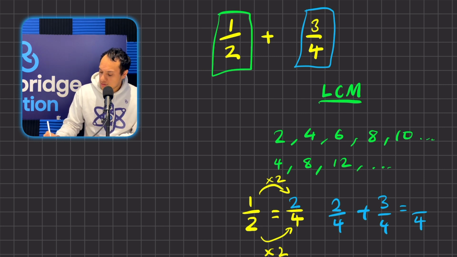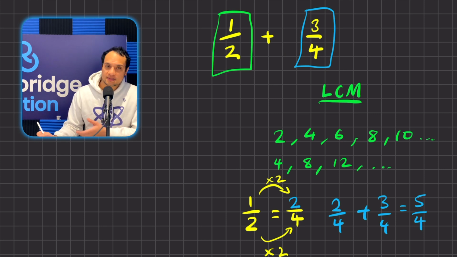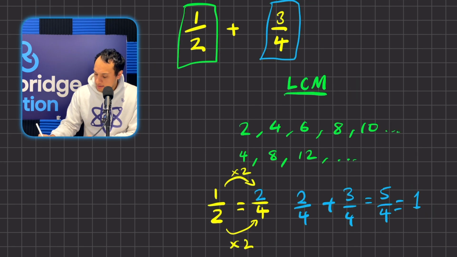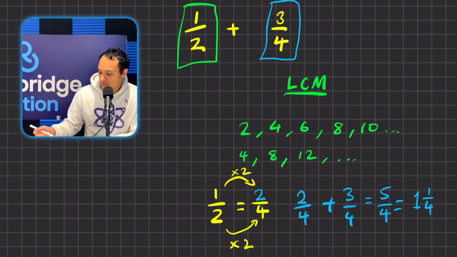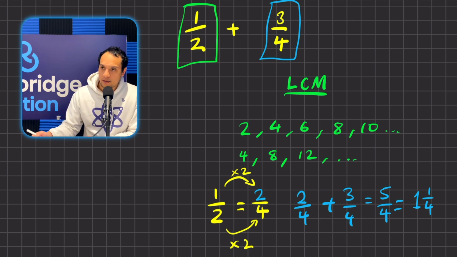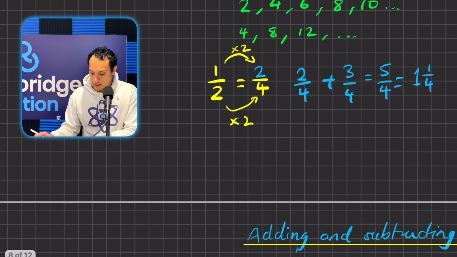Okay, so 2 plus 3 is 5. So we get 5 over 4. If we want, we can turn that into a mixed number. If we think about it this way, there's 5 quarters. That means that there's 1 whole and we've got 1 quarter left over. So we can either have 5 over 4 or 1 and 1 quarter as our answer.